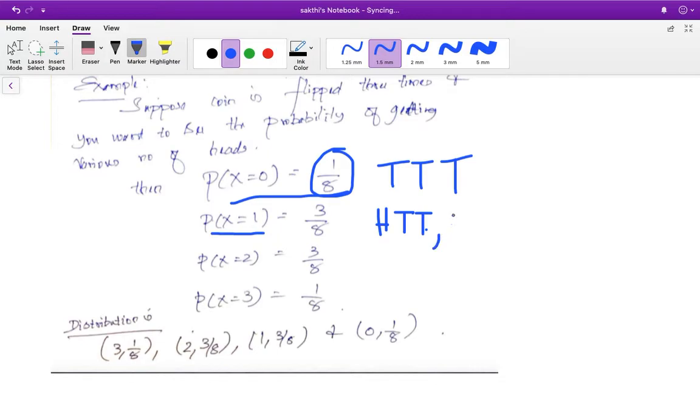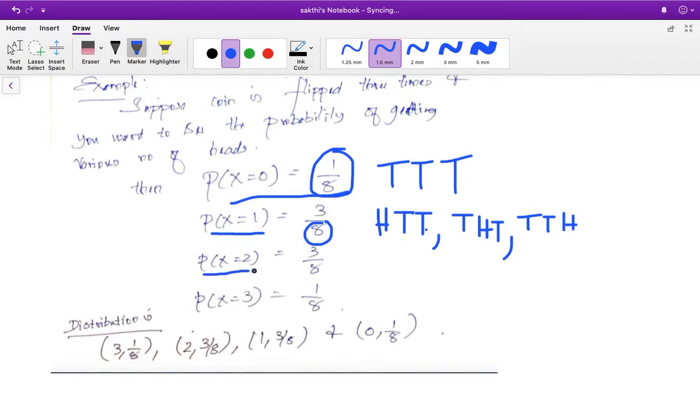Likewise you can have THT, and likewise you can also have TTH. So there are only 3 choices, so that is 3 divided by 8. Why is the denominator 8? It is because each time you have 2 choices, so it will be 2 to the power 3. That is why 8. So that is P of X equal to 1.